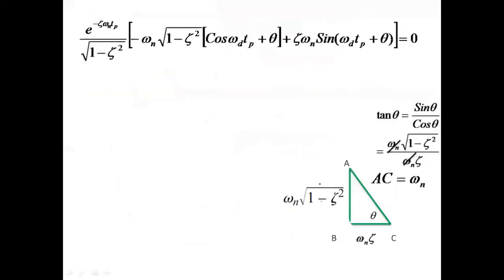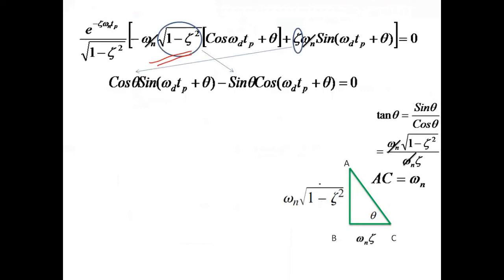Then further simplifying, I have just substituted omega d as omega n into square root of 1 minus zeta square. Now we can take from the locus of the poles representation for a second order system, in which we know that sine theta is square root of 1 minus zeta square and cos theta is zeta.